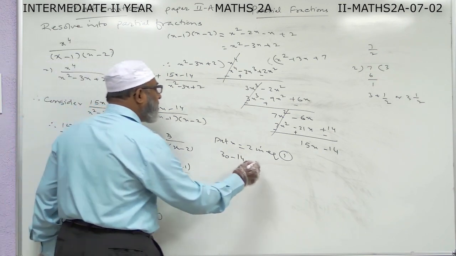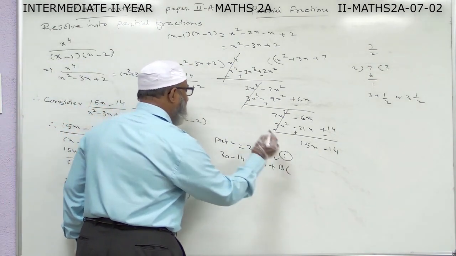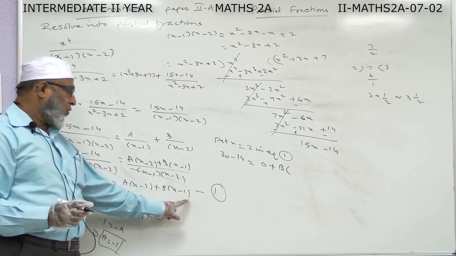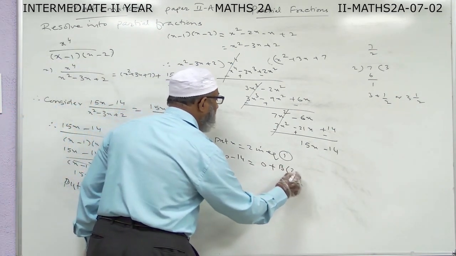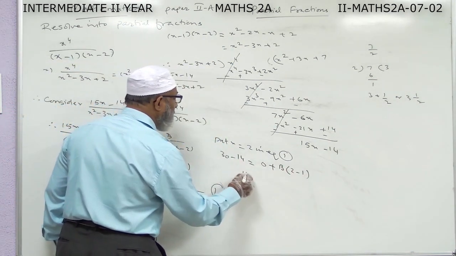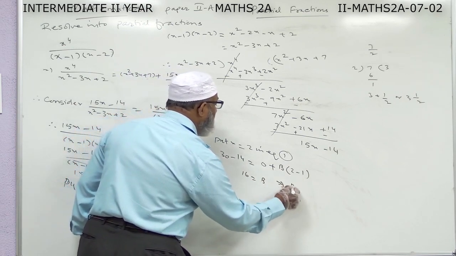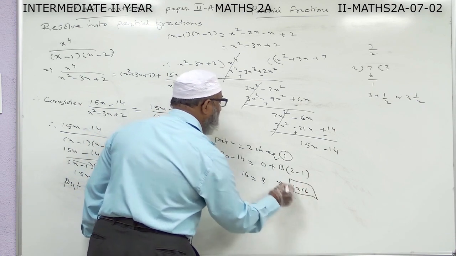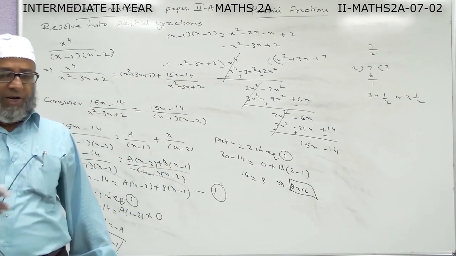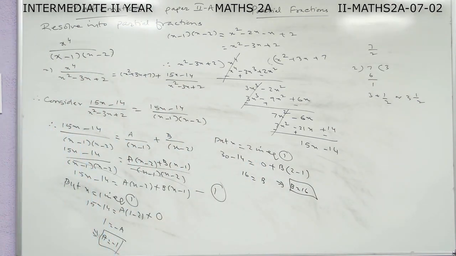So this part will become 0 plus b into (2 minus 1), and 2 minus 1 is 1. So 30 minus 14 is equal to 16, and 2 minus 1 is equal to 1, so b is equal to 16. So I got the values of a and b: b is equal to 16 and a is equal to minus 1.